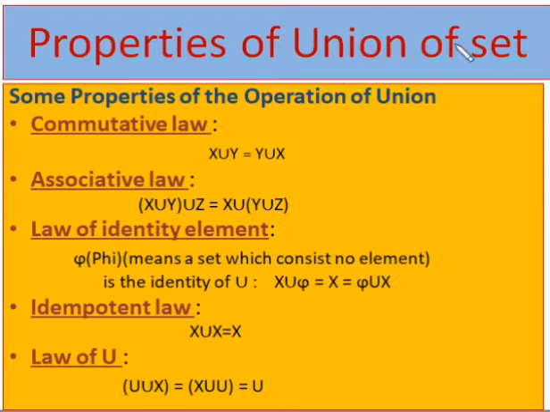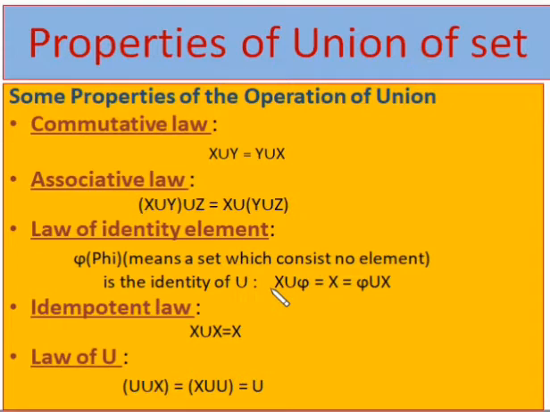Now what are the properties of union of sets? The union of sets is commutative, meaning the union of two sets is equal when interchanging the places. Now associativity: X, Y and Z are sets. X union Y union Z, when we change the positions, first we do the union of Y and Z and after that X, the value never changes. Now the law of identity element: phi is the null set.